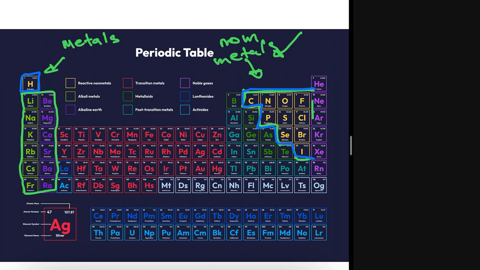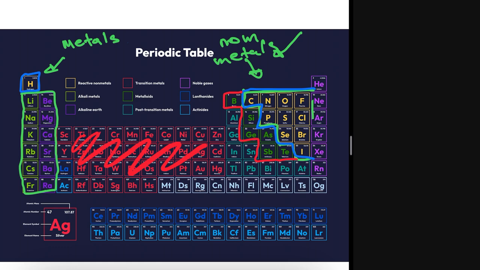For example, all these are also metals, but we call them transition metals. We are not going to focus on them in this video. We also have these ones colored in green. We call them metalloids. These are elements that can behave as a metal and a non-metal.